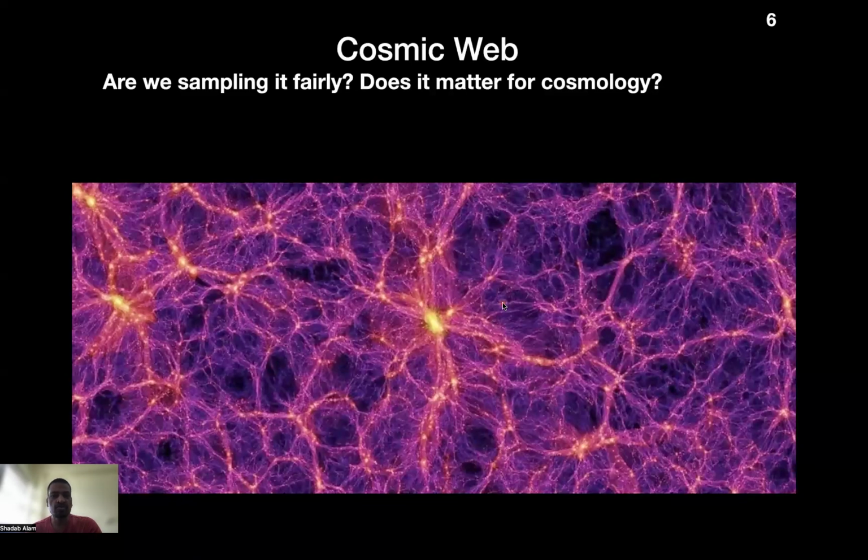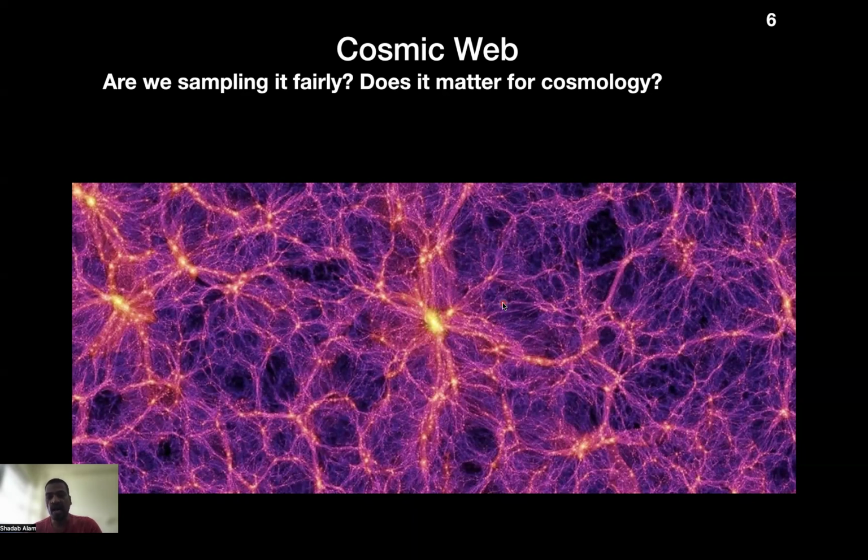Right. So one of the questions we want to address is, let's say you were to do a survey of galaxies and you look at some specific kind of galaxy because of our constraints with observation, then are we sampling the cosmic web fairly? And if we are, on whatever sampling we are doing, can we learn from that about the physics which is operating and regulating the evolution and formation of galaxies themselves?